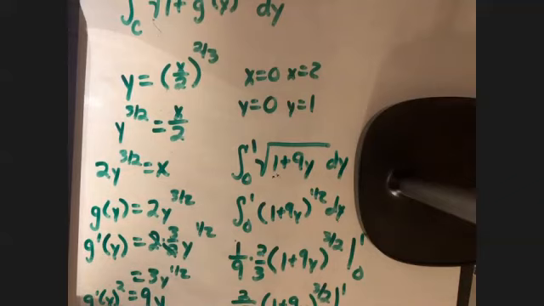That's not going to get pretty. Okay, let's see. 2 over 27 times 10 to the 3/2. If I plug in 0, that's going to be 1. That's all going to keep it at 1. So minus 2 over 27.